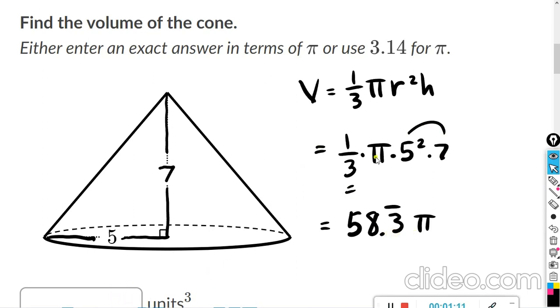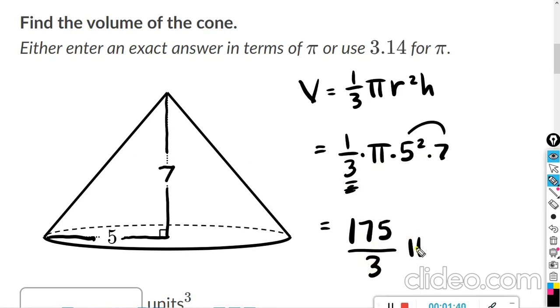Since this is not divisible by 3, what you would do is just do 5 squared times 7, and I get 175. And that 175 is divided by 3. So you just leave it like that, and then it's times pi.